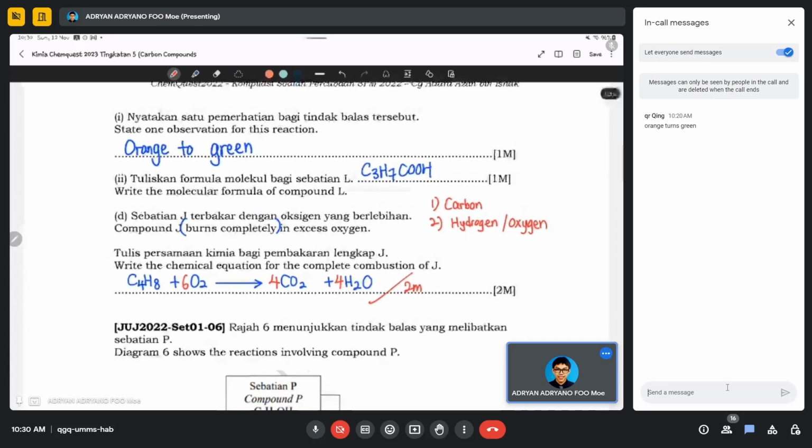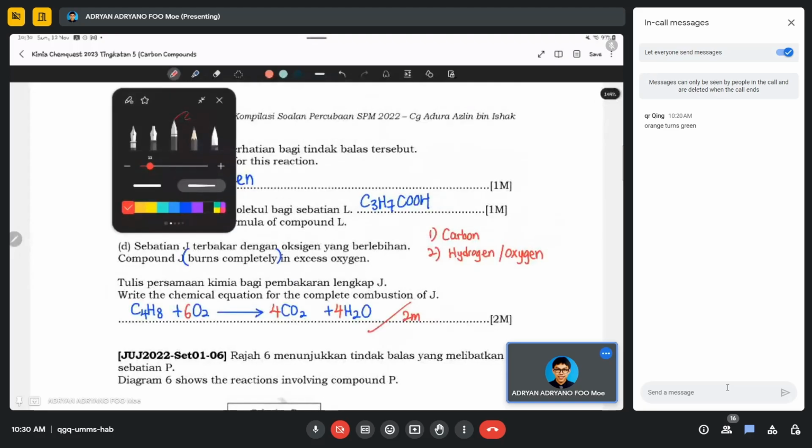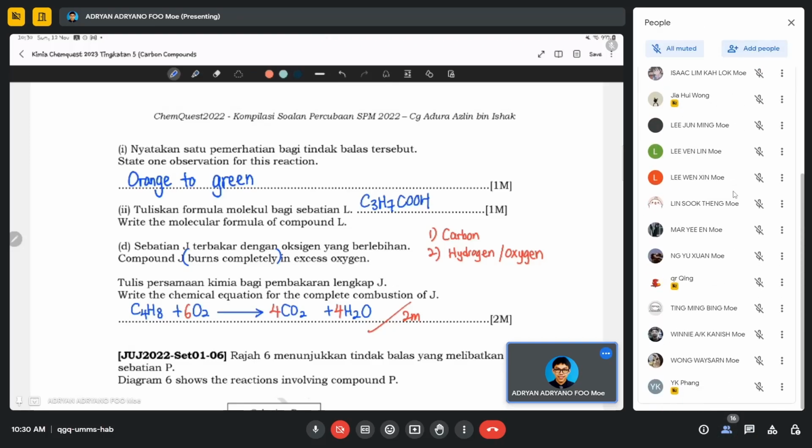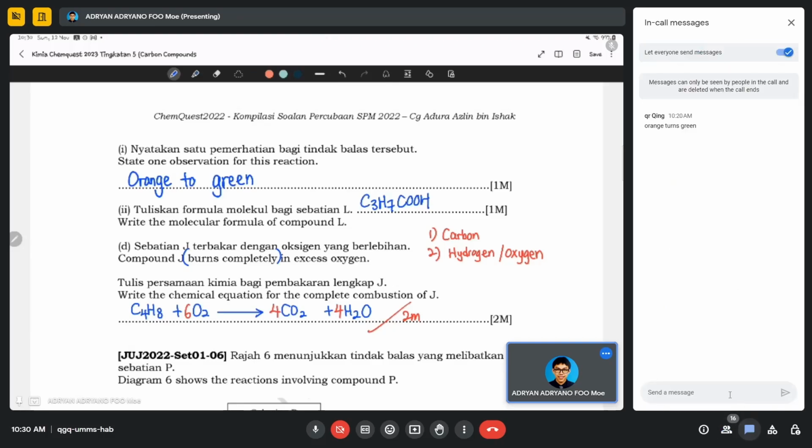Okay, so remember, whenever is come into this topic, 所以这个 topic 我要你们 score because it's quite easy. As long as you understand the tips lah, okay, the tips and tricks.